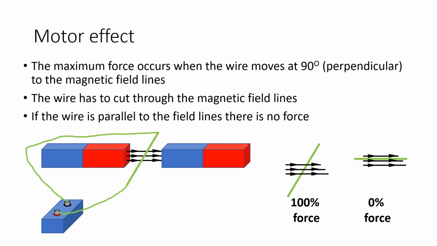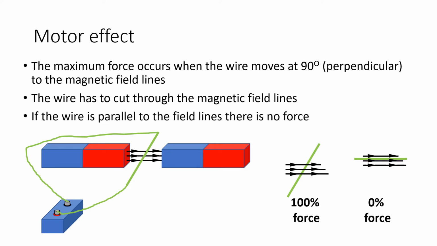There are a couple of criteria for the motor effect to occur. Firstly, as we've already said, we need to have a current flowing through the wire, but we also have to have the angle of the wire at 90 degrees to the direction that the field lines are traveling in from the magnets. If the magnetic field lines and the direction of flow of current are parallel with each other, we will have zero force.